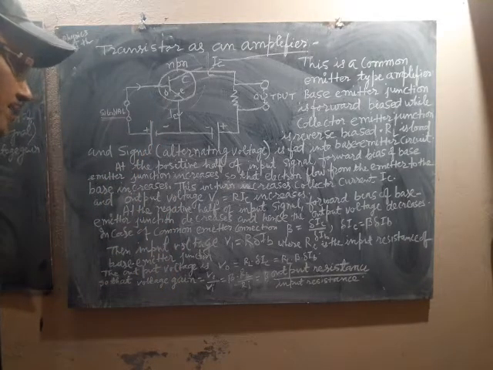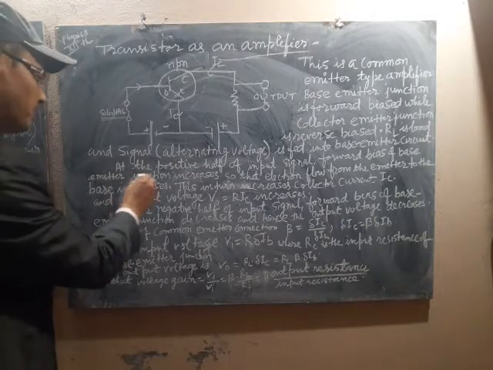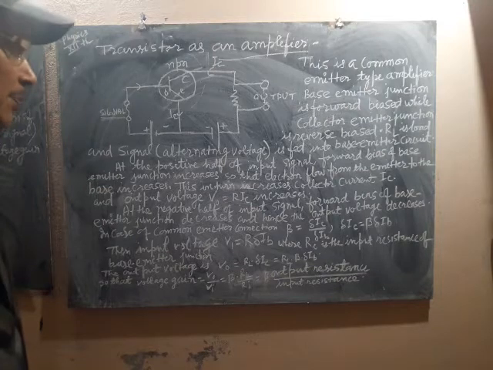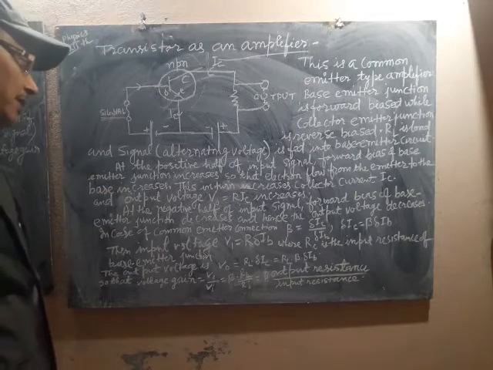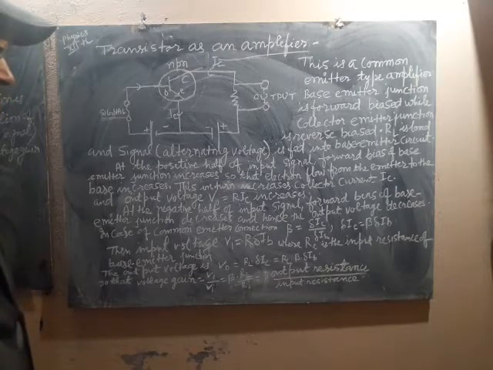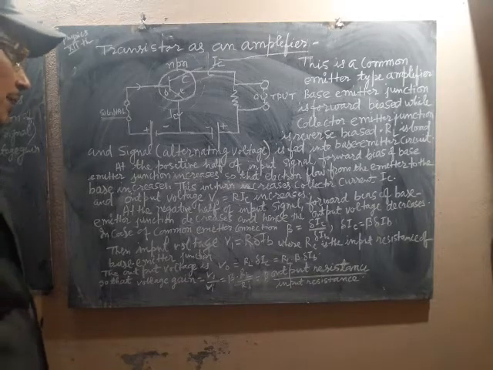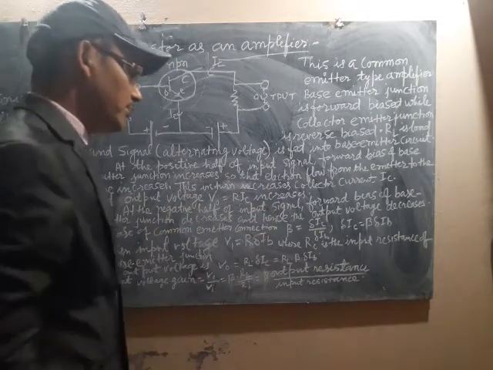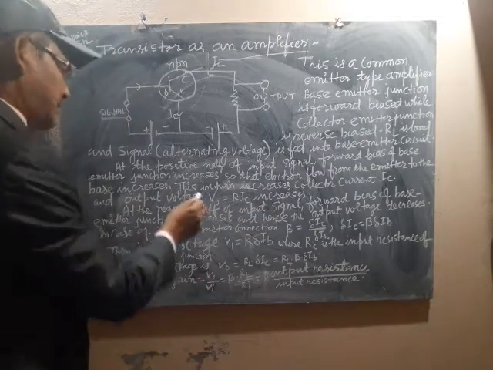Now next thing. At the positive half of the input signal, the forward bias of the base emitter junction increases, so the electron flow from the emitter to the base increases.